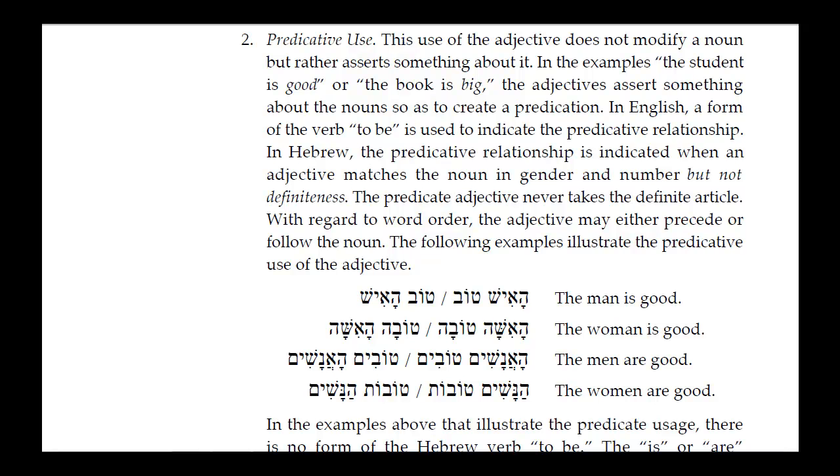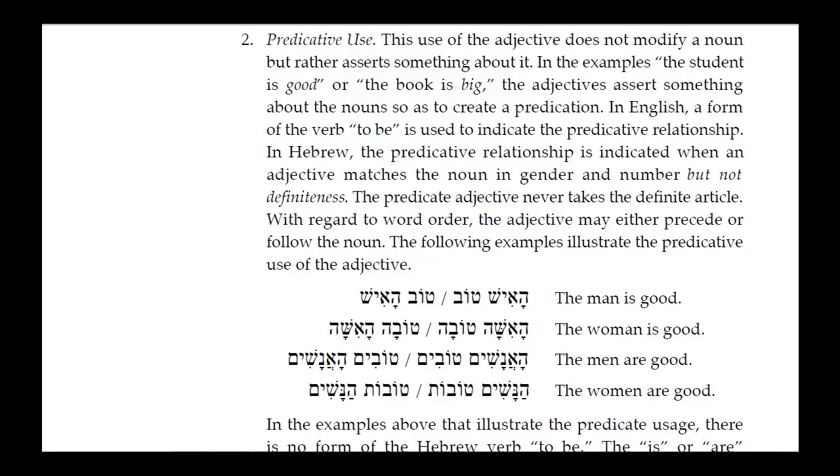But the predicate use of the adjective does not modify the noun, but rather asserts something about it. In the examples, the student is good or the book is big, the adjectives assert something about the noun so as to create a predication or to require a to be verb.